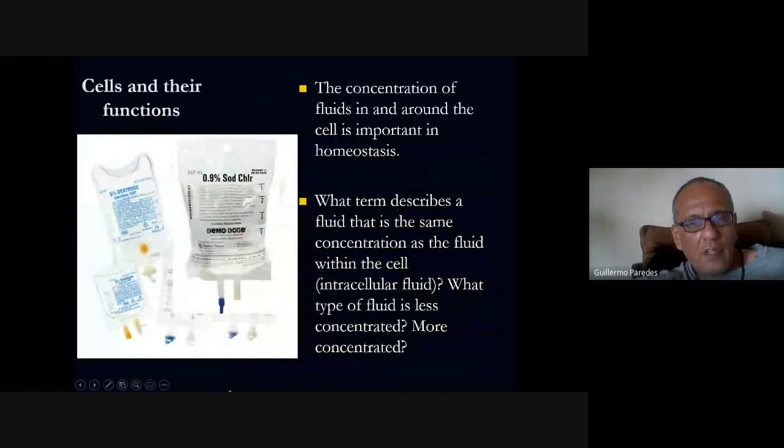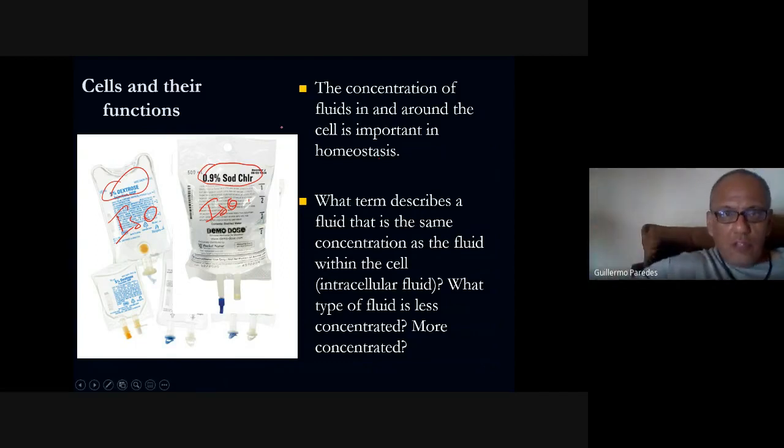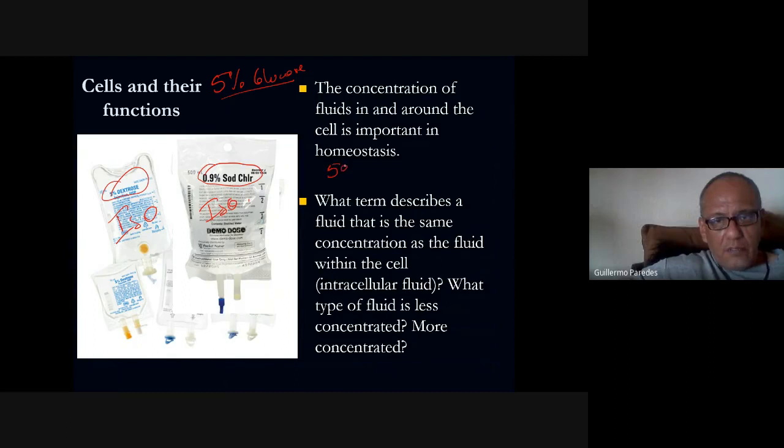Just to give you an example, we have 5% dextrose, that is isotonic. We have 0.9% sodium chloride, that is isotonic too. So please, you need to remember this. 5% of glucose or dextrose, this is the same, is telling you that you have 5 grams in 100 mLs of water. That is 5%, 5 per 100.